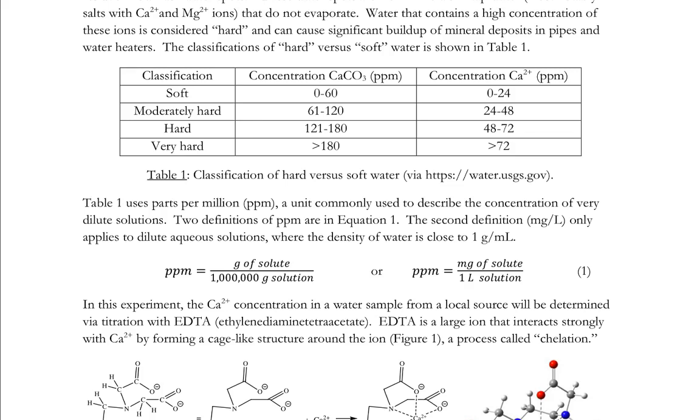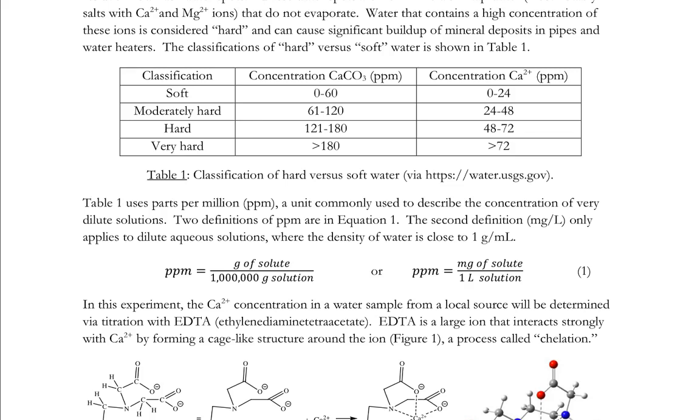Then that unit of milligrams of solute per liter of solution is completely equivalent to ppm. How we make that conversion: starting with our ppm on the left side, grams solute per million grams of solution, working with just the numerator, to go from grams to milligrams, we would be multiplying by 1,000 milligrams over grams. Now we've made the conversion from grams to milligrams.